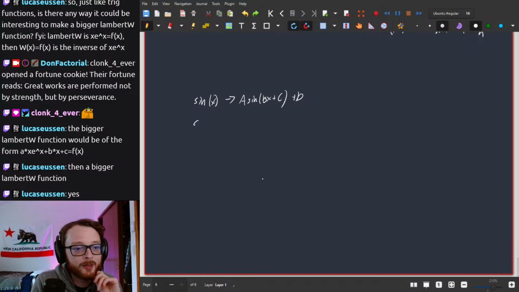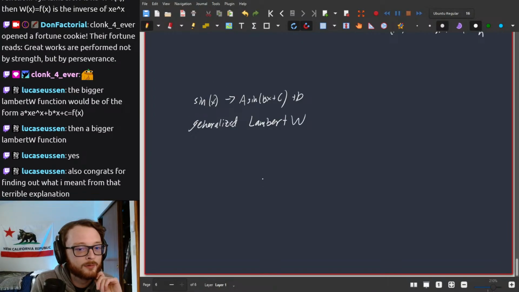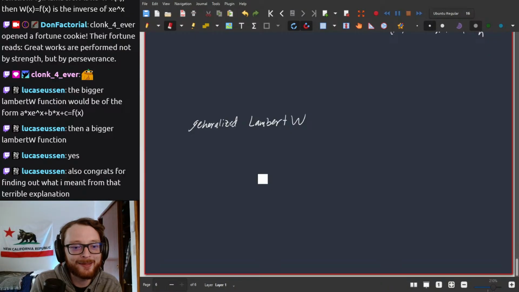I guess we would call this a generalized Lambert W. It must be difficult to learn math in not English and then try to talk about it in English. And so you're proposing this, because there are different ways that you can generalize things, and this is one way you could.